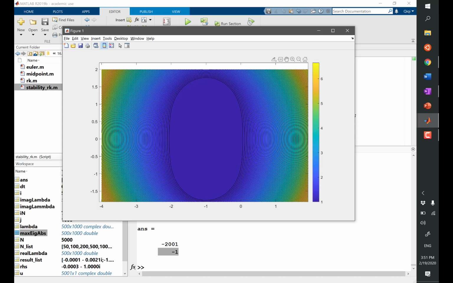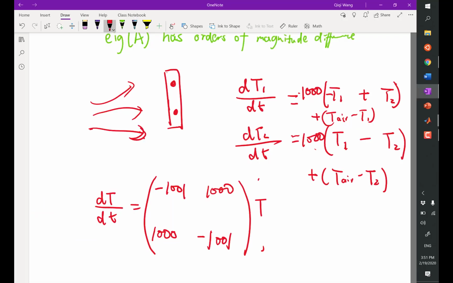So that's a problem observed pretty early, and a lot of people have thought about ways to solve this. Right now, we have a commonly accepted way to solve this, although it's not perfect. The way is what we call using an implicit method.